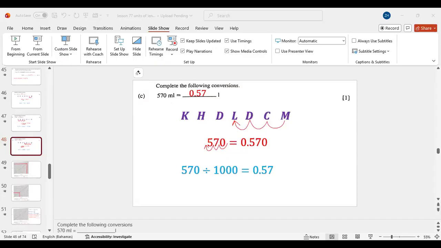Remember, you can't get anything less than 5. It has to be 5 or above. Anything less than that, then you have to redo it, right?